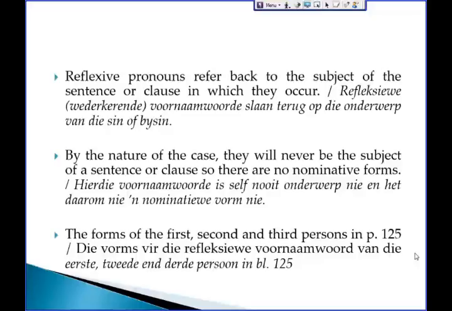Of myself. Of myself is a genitive. And then the dative, for or to myself. And then the accusative, myself, as a direct object. Like when you kill yourself.